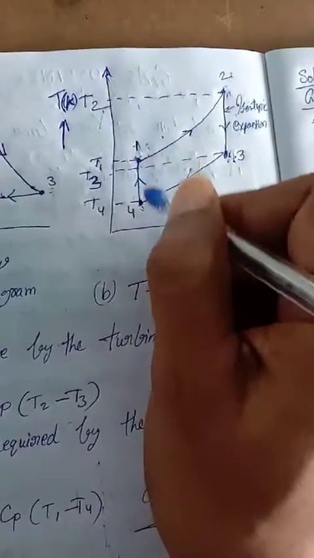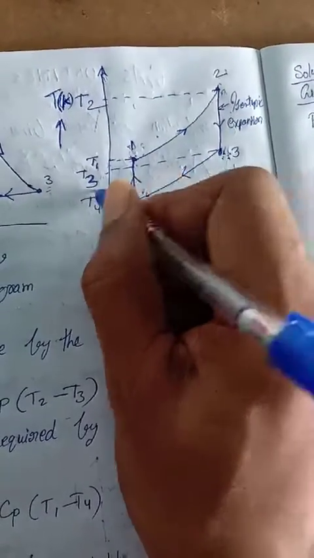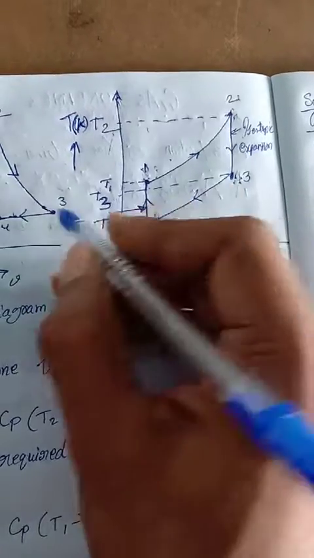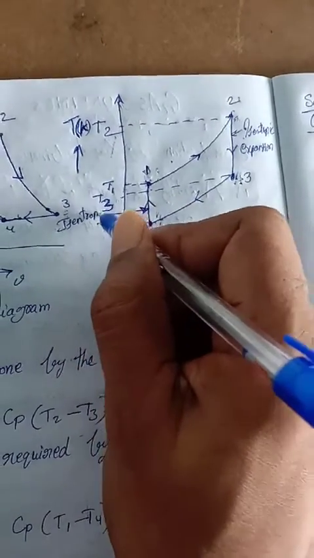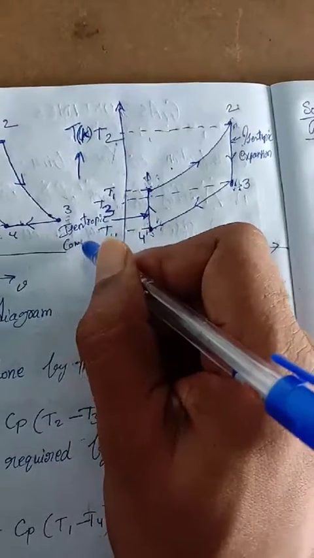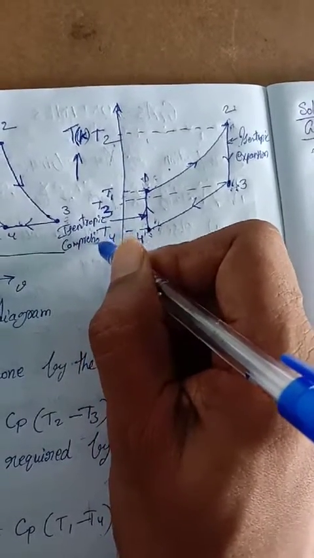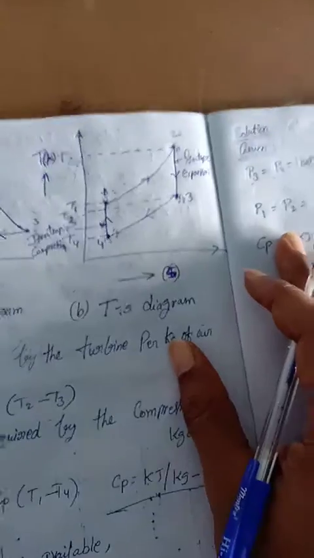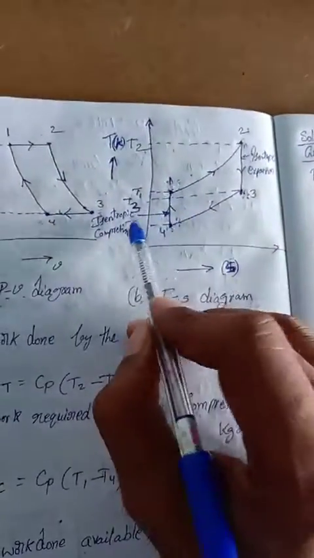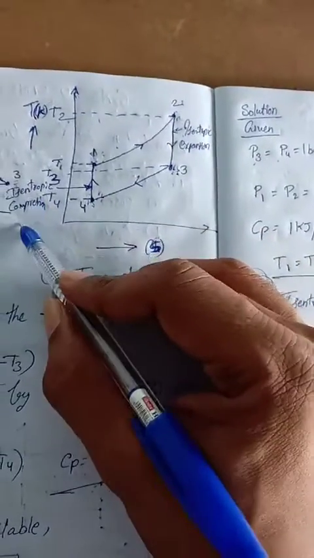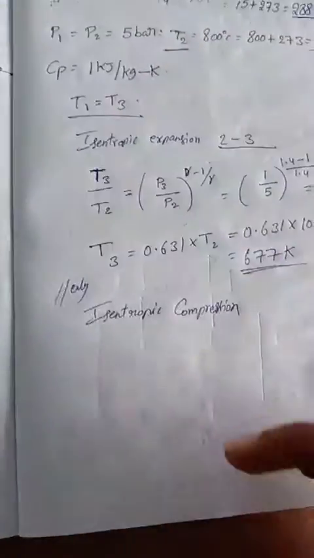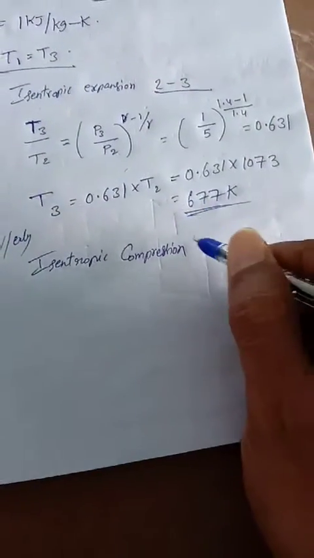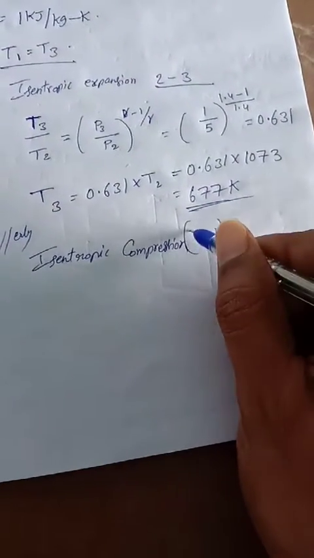Here 1 to 4, so this 1 to 4 is called isentropic compression. That's why we are going to draw these two pictures here. Right, now isentropic compression is called 4 to 1.